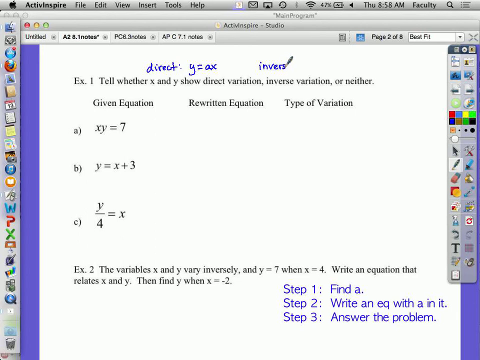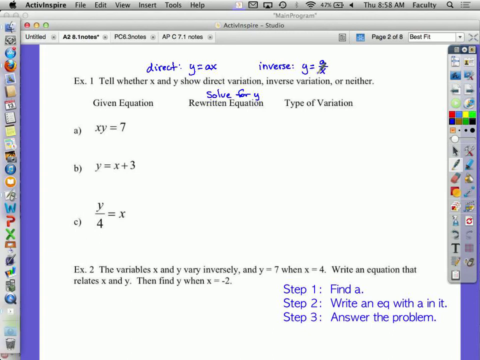Inverse variation is y equals a over x. Now they both have a constant of variation, but they're both also solved for y. So when you're given an equation, you want to rewrite it by solving for y, and then you can tell. If it's y equals a times x, it's direct. If it's y equals a over x, it's inverse.